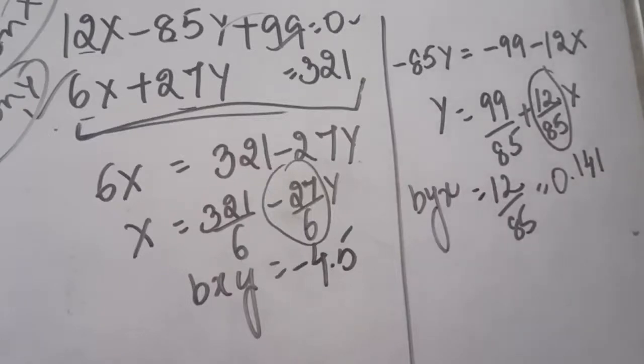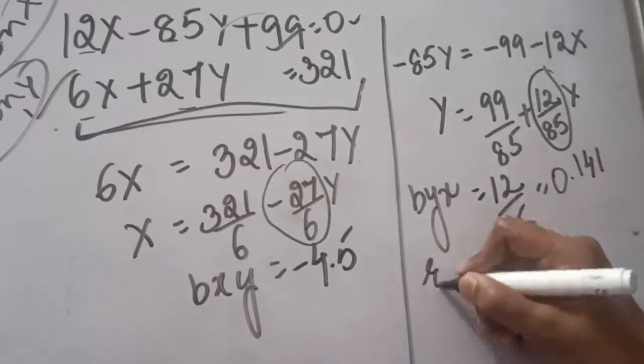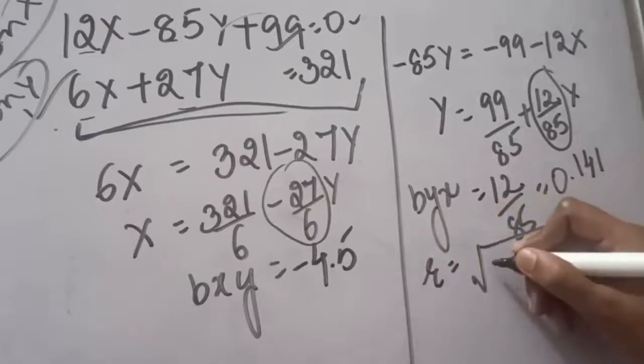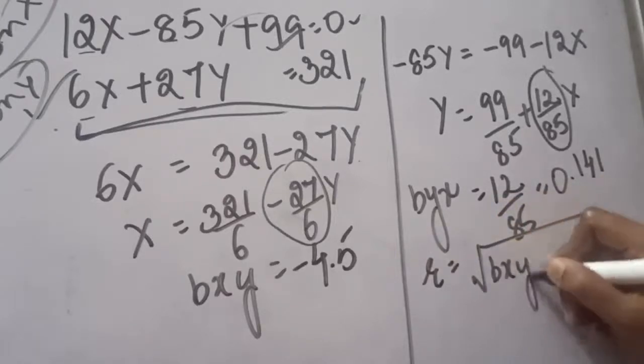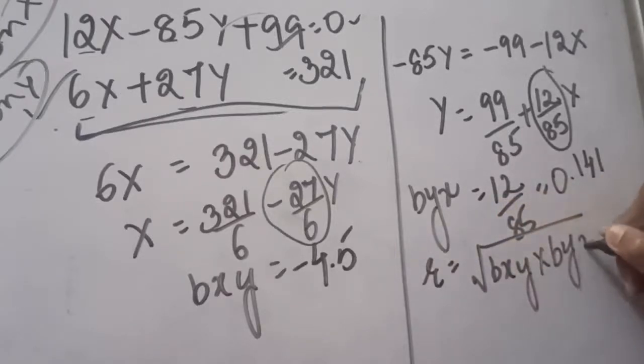Once you have got these two values, now we can put them in our formula to check whether we are on the right track. So we will just put the values here, 4.5 in negative into 0.141.